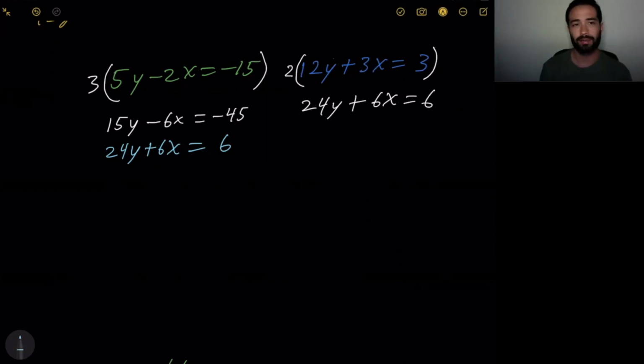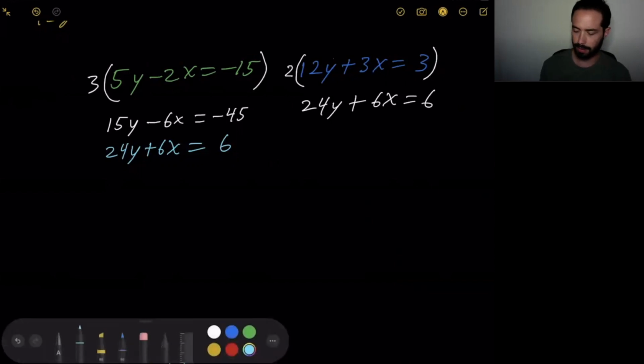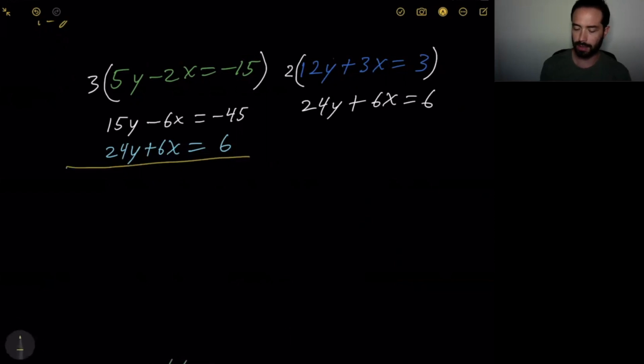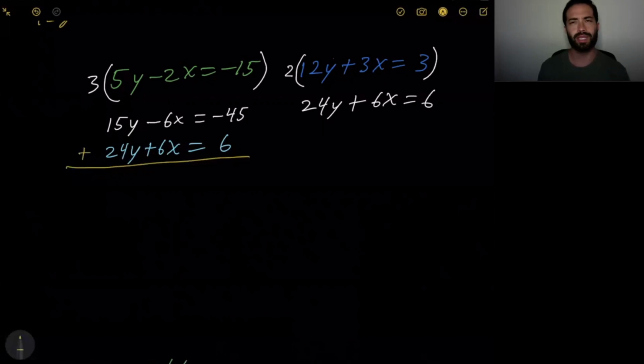Because, for example, if I did 5 minus 5, that would be 0. All right, so here we go. We are going to add them together and get our result. So 15y plus 24y, what is that?